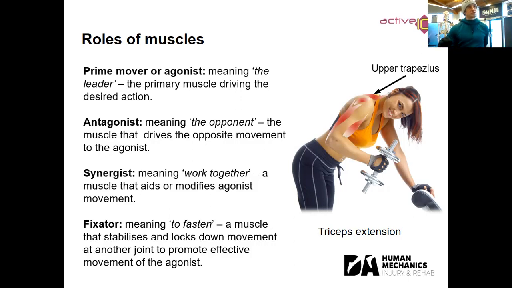It's very difficult to have one mover without the assistance of other muscles, so we will always have assistance, which is your synergist. And then if we want the movement to look good or be efficient, other areas around that movement have to stay still. Hence your fixator. Your fixators are a muscle or a group of muscles that help stabilize one area so another area can move around. Okay?